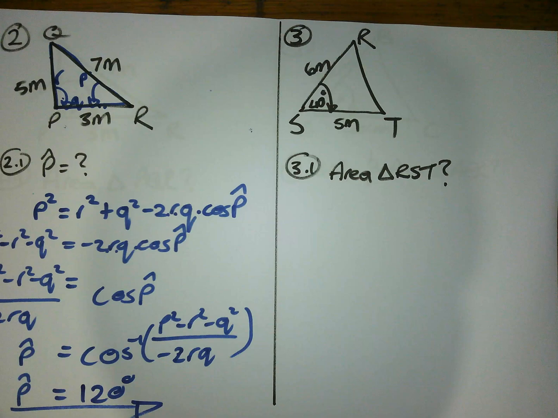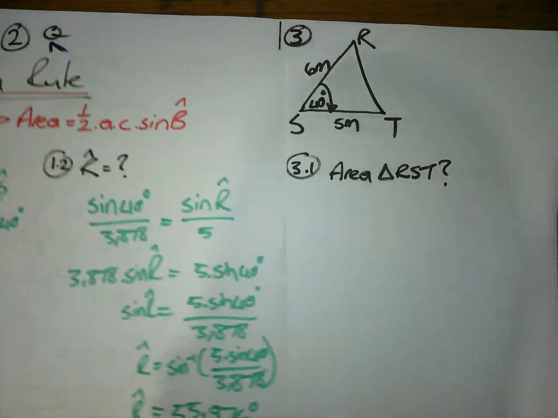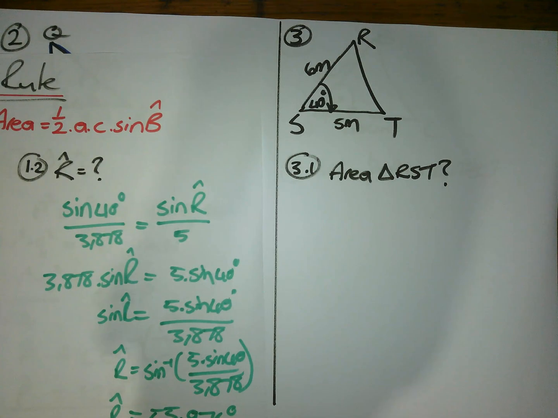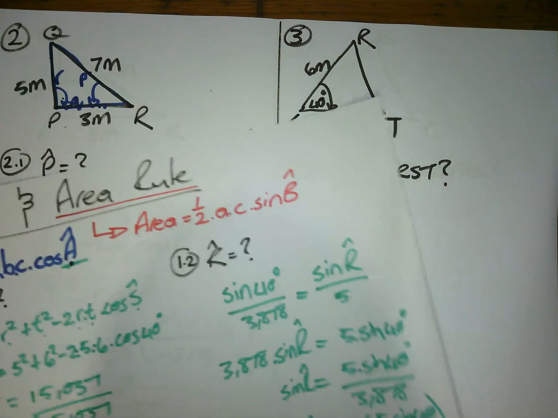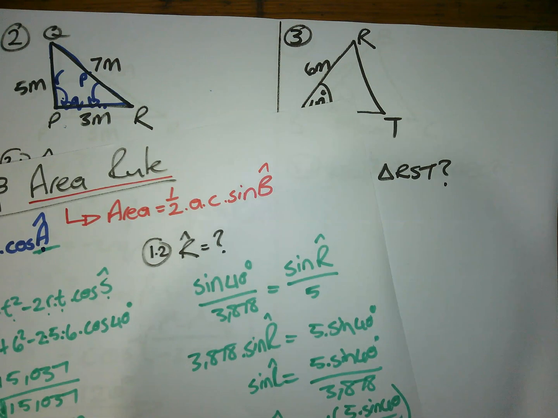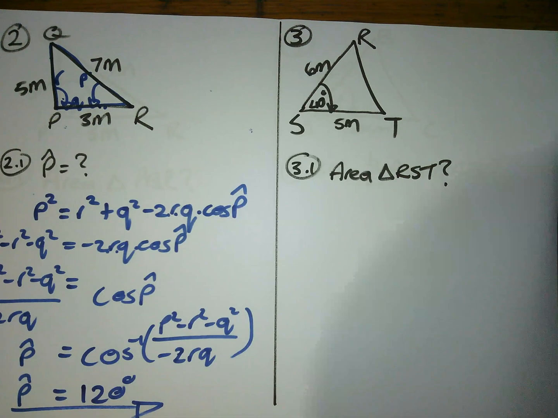The formula is saying the same thing, kind of. The area equals half of a side times a side times an angle. Let's put our formula down in a way we understand it nicely.